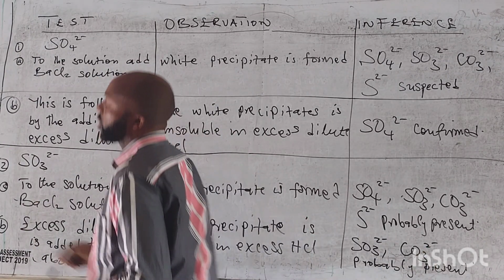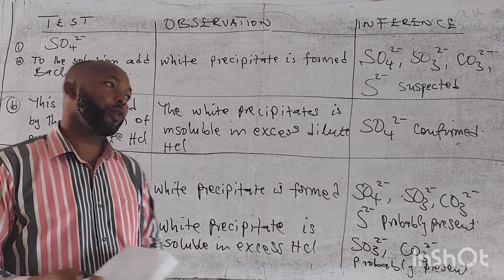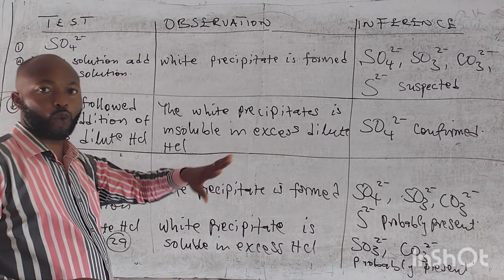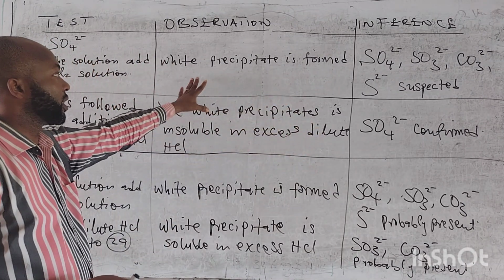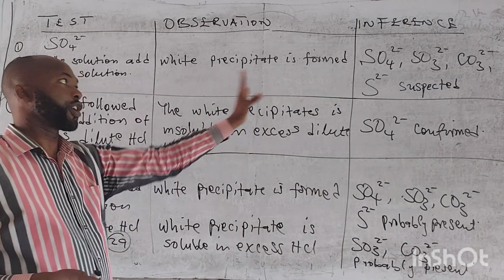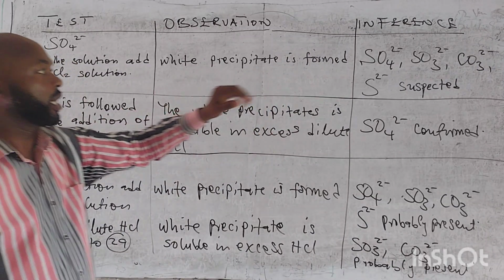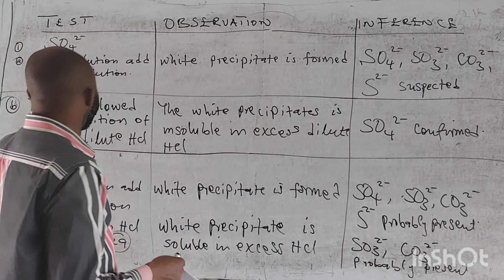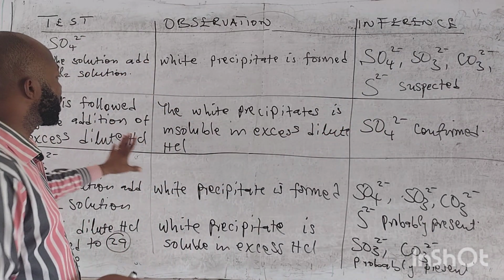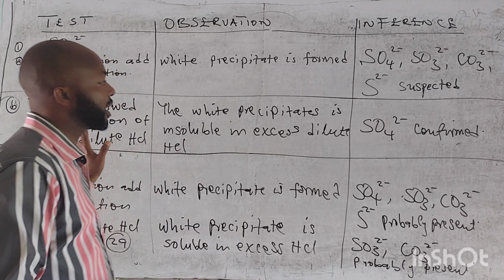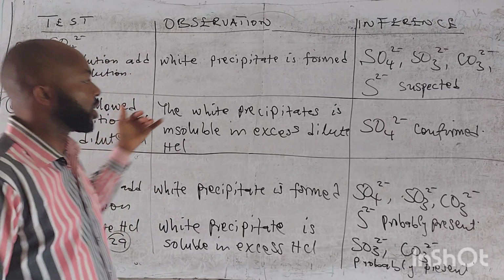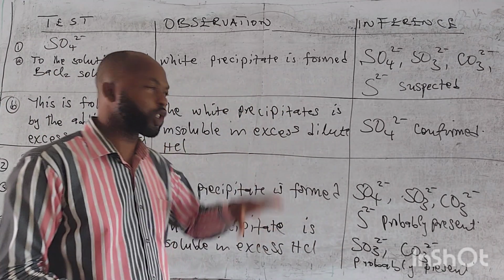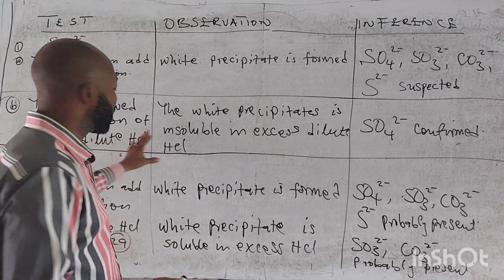Take note, in the test for SO4, we add barium chloride solution and a white precipitate is formed. We have various other anions that we are suspecting. Then when we follow that up with dilute HCl, the white precipitate is insoluble in excess dilute HCl, and SO4 is confirmed.